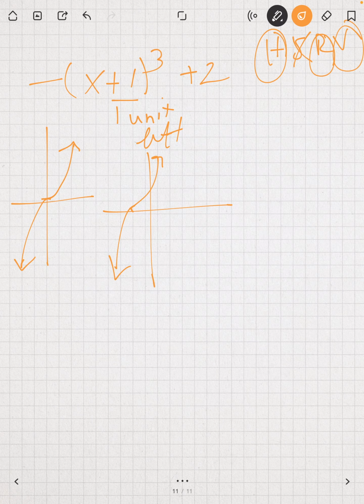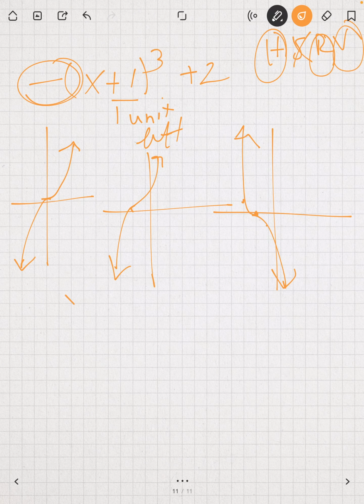So now we have something that looks like that. We have a negative in front of our function, which means we're going to reflect it about the x-axis. So now, instead of being there, left 1, we reflect it about the x-axis, and it looks like that.